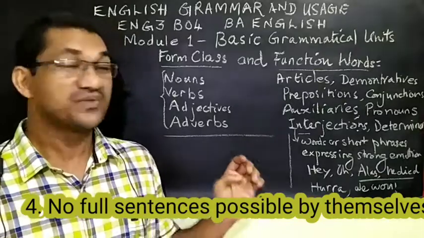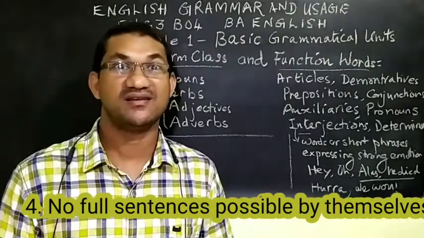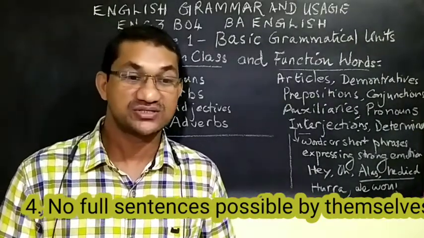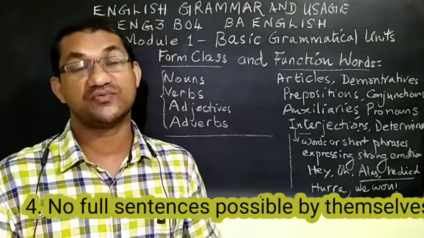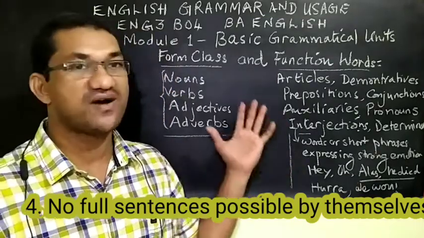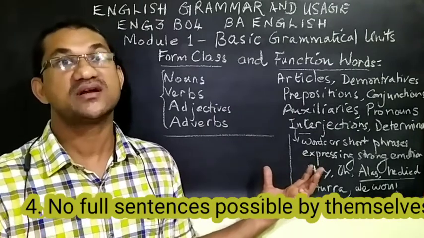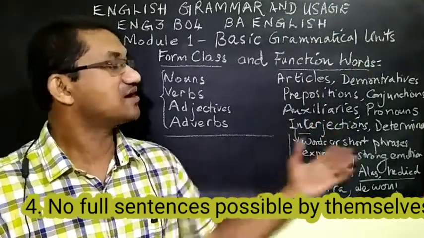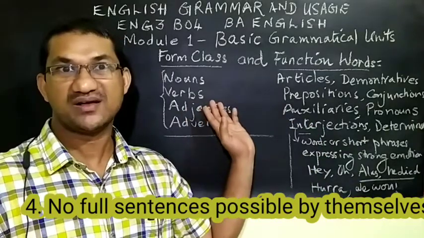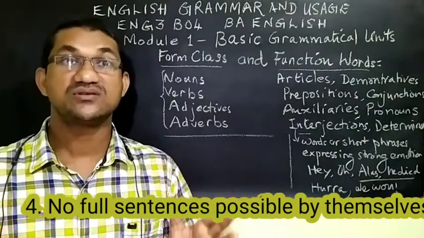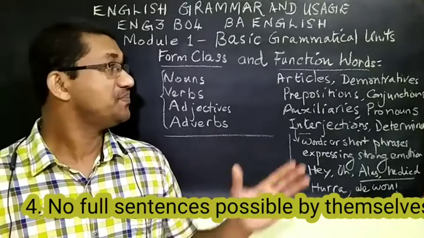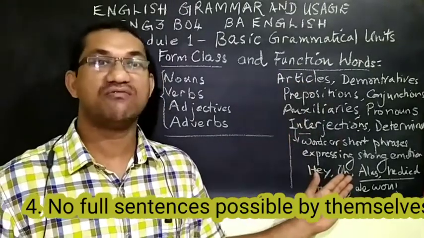Now we come to the fifth aspect, that is the final, last aspect of function words. Translation is difficult with function words. We cannot translate these function words, right? We cannot go for a clear lexical meaning in the translation of the function words, whereas form classes we can translate. So these are the important 5 characteristics of function words.